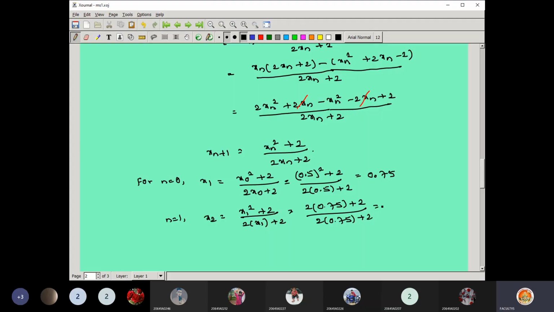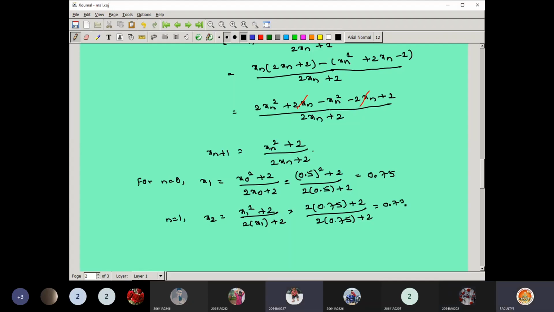I'm not changing the formula, there itself you are just calculating the values. So 0.75 you are substituting. What is the answer you are getting there? Definitely you should use the calculator, otherwise simplification is difficult.